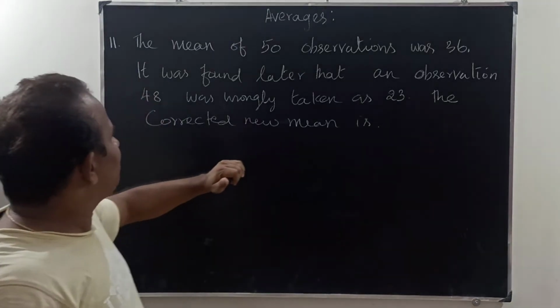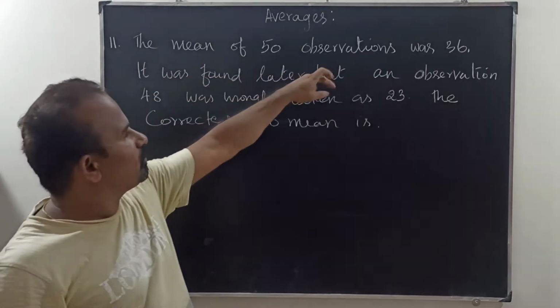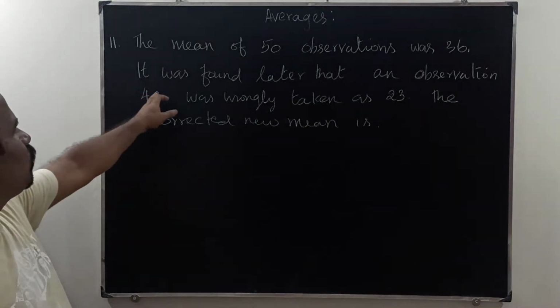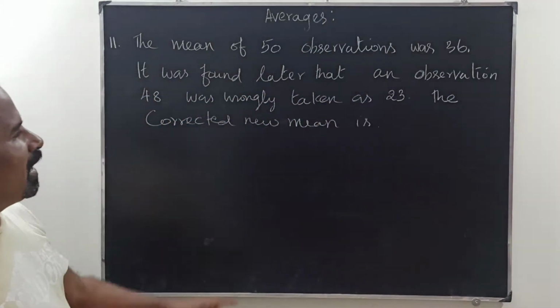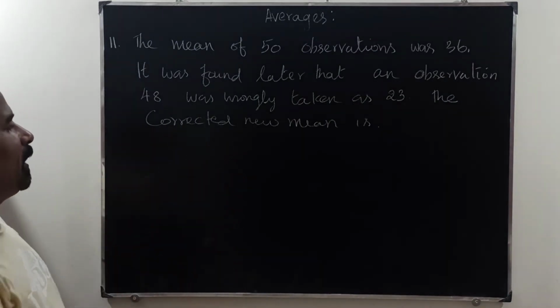Now the 11th question is, the mean of 50 observations was 36. It was found later that an observation 48 was wrongly taken as 23.